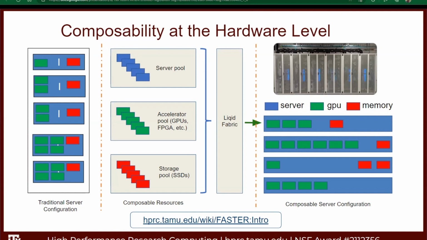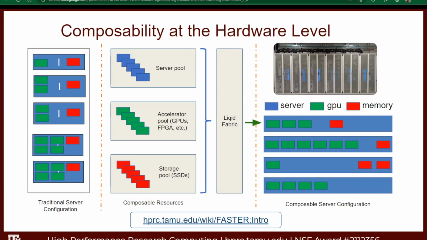Whereas with this new architecture, we have this composable set of resources. We have a server pool, and we have a pool of accelerators sitting there, and we use extended memory in SSD storages as a memory composable resource. Now, using this Liquid Fabric, we will be able to dynamically compose a server to the configuration of our requirement.